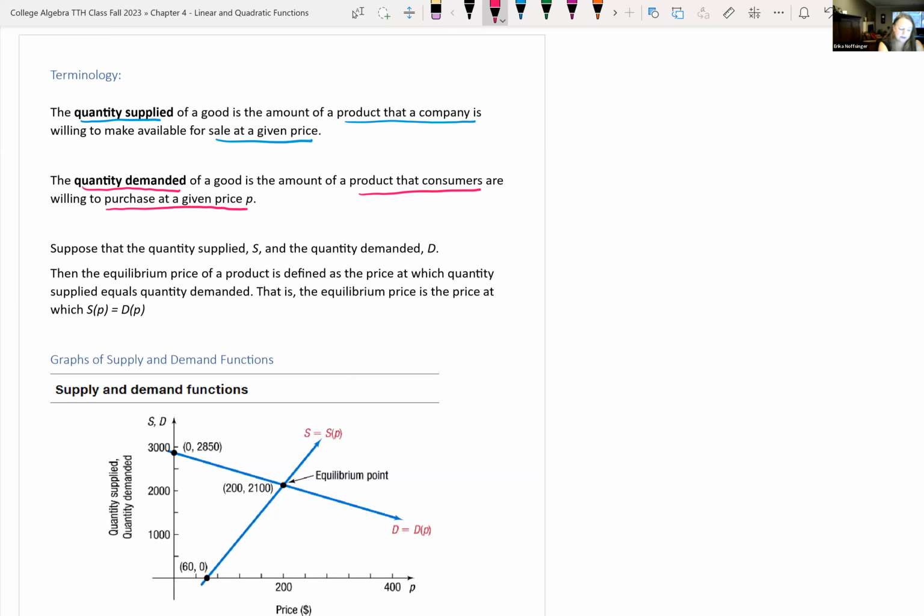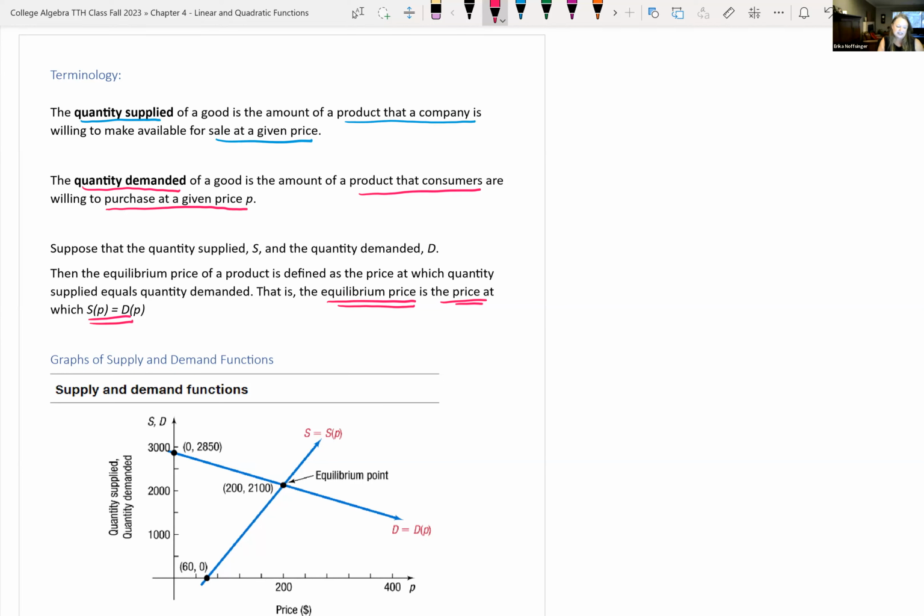That is, the equilibrium price is the price at which S of P equals D of P.